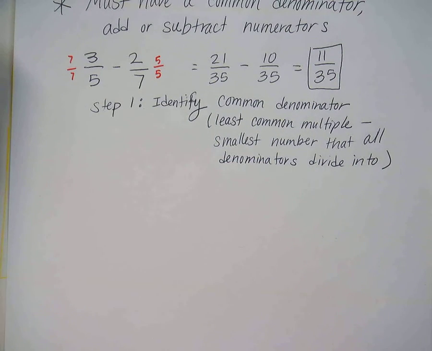We could have used 70 because both 5 and 7 divide into 70. That would be a common denominator, but that wouldn't be the least common denominator. Using the least common denominator helps you from having to reduce it later. Although sometimes you still have to reduce it later, but it helps so that it's less often. Okay?